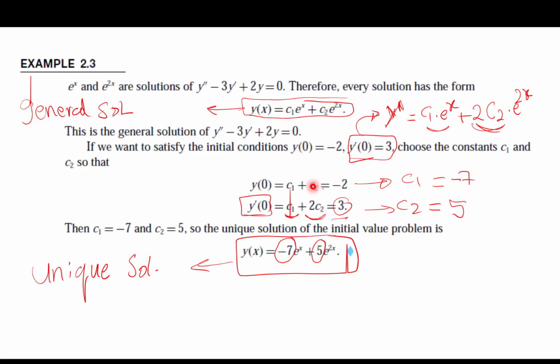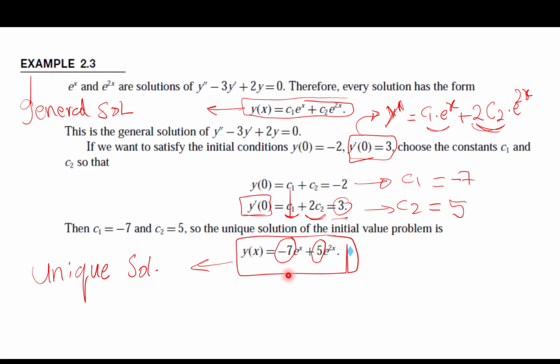Then we substituted in the equation and its derivative, and we obtained c1 equal to minus 7 and c2 equal to 5, and then we obtained the unique solution. What is the meaning of unique?